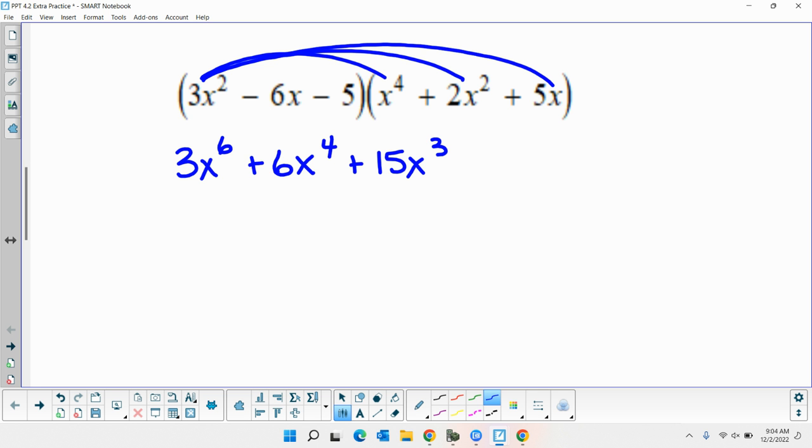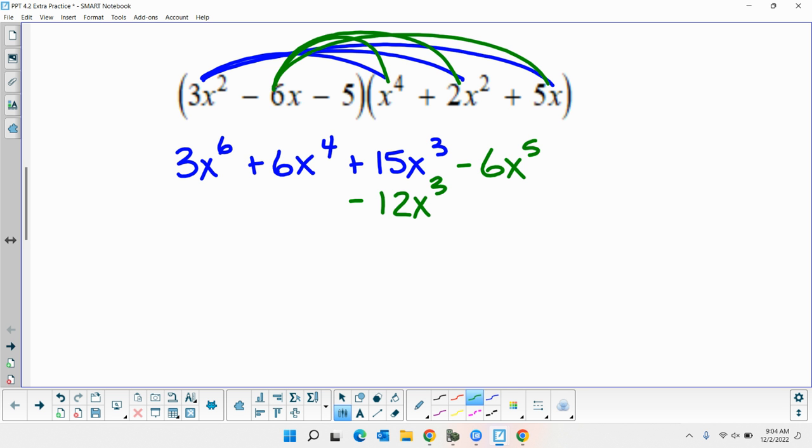So there's that. Then I'm going to do negative 6 times that, negative 6 times that, negative 6 times that. All right? So negative 6x times x to the fourth is negative 6x to the fifth. There's no fifths yet, so fifth power, so I'm just going to put it out there. Negative 6x times 2 is negative 12x to the third, so I'm going to put it under the x to the third because those are like terms.